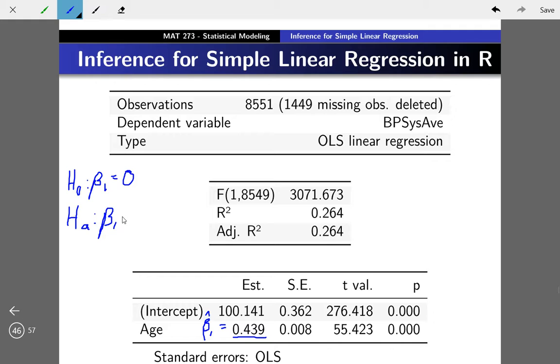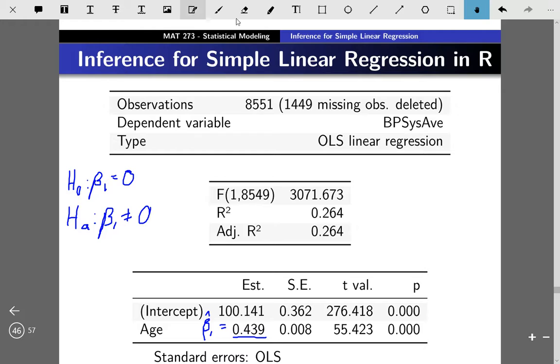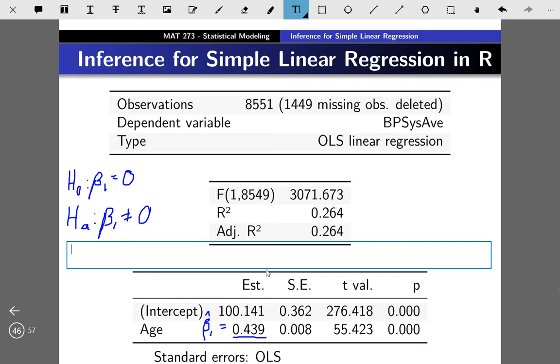And our alternative hypothesis is that it is different than 0. So those are our hypotheses, and in words, we would say our null hypothesis is that there is not a linear relationship between age and blood pressure.